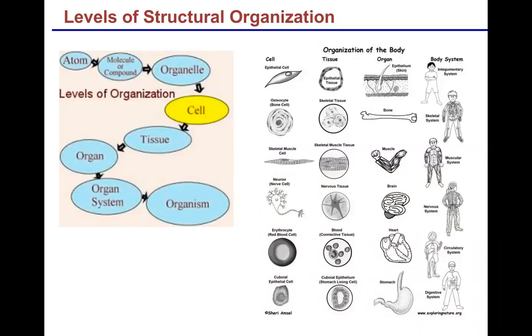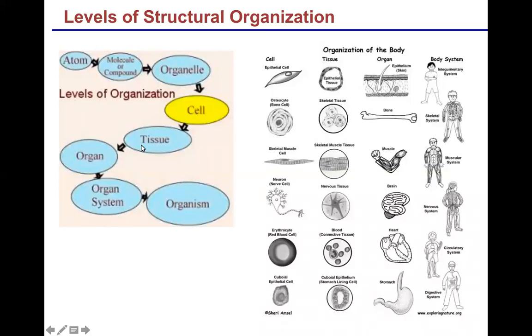Inside the cell are the organelles. So going back, atoms join together to form molecules. Molecules in turn form organelles. Many such organelles together form a cell. A group of cells doing a specialized function is known as tissues.